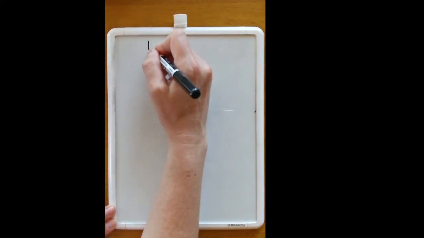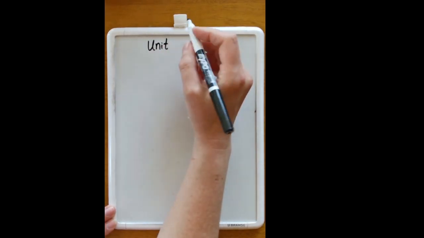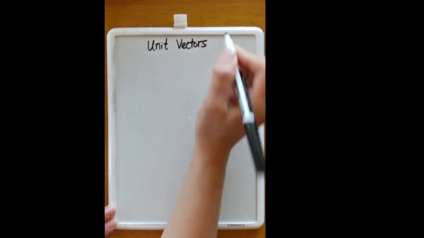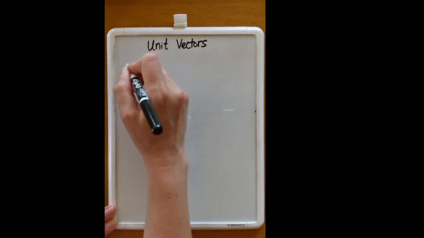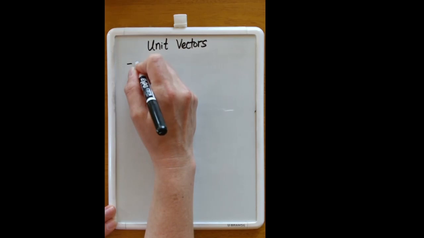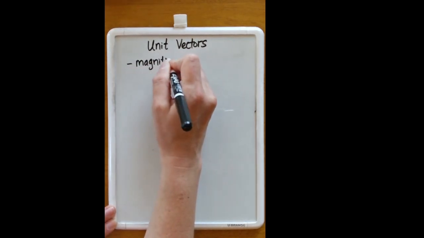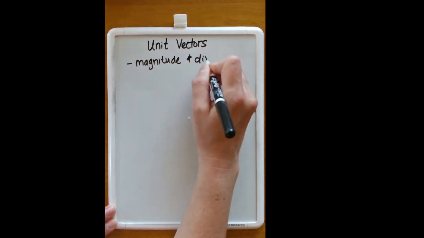So in order to talk about most quantities in physics, we have to talk about vectors. And we know from a previous lesson that vectors have both magnitude and direction. So just a reminder here that a vector needs magnitude, which is also the size of it, and direction.